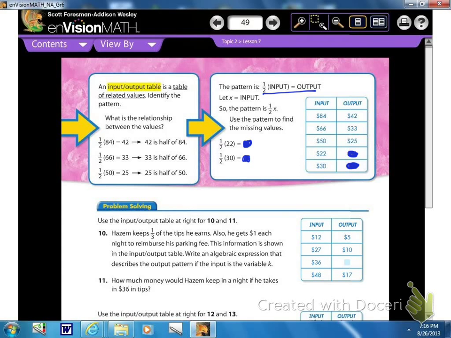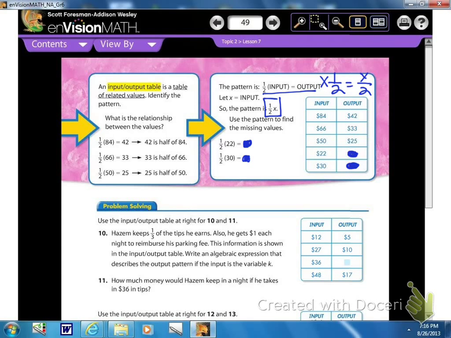So if the input is X, we can say that the output pattern is 1/2 of X, which would be, if it's 1/2 times X, or X times 1/2, X over 2, or X divided by 2.